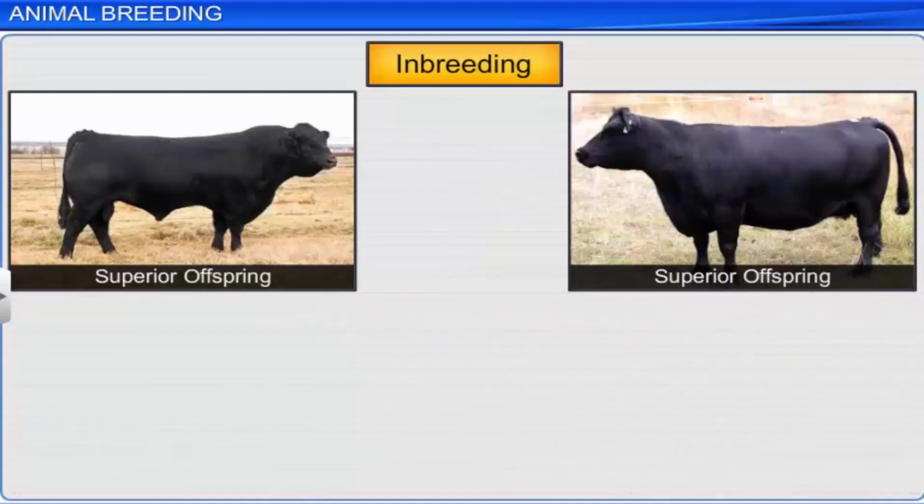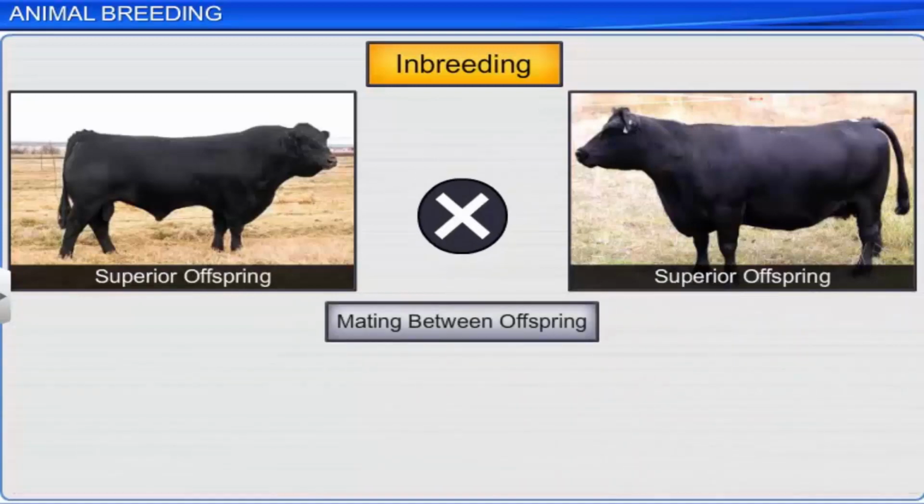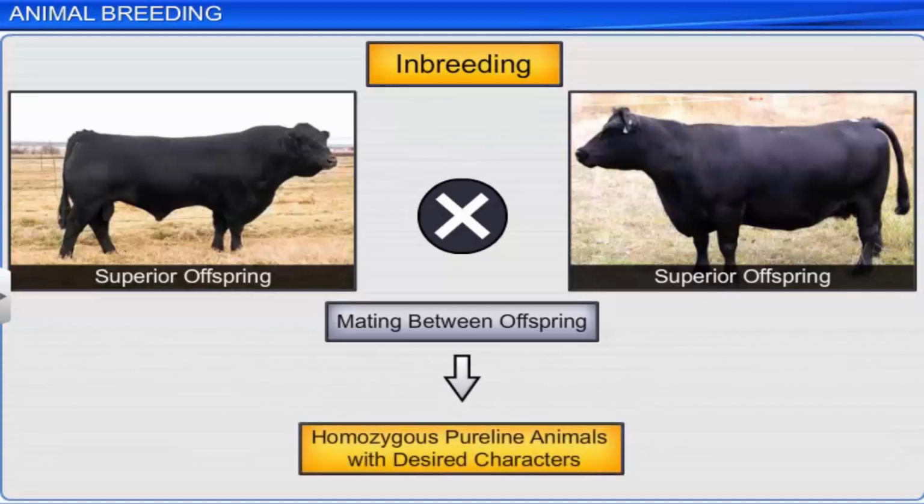Subsequently, mating is carried out between offspring which have superior qualities. Thus, inbreeding increases homozygosity in animals. That is, it results in a pure line of animals with desired characters.